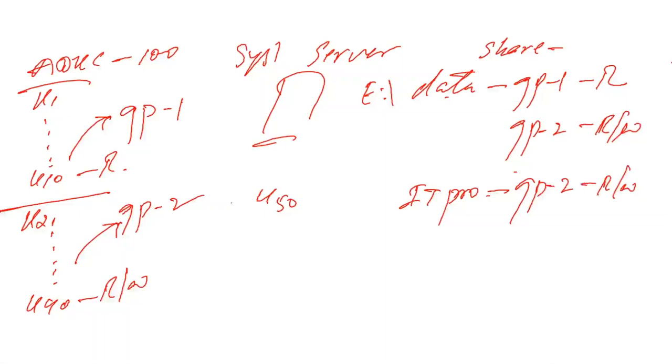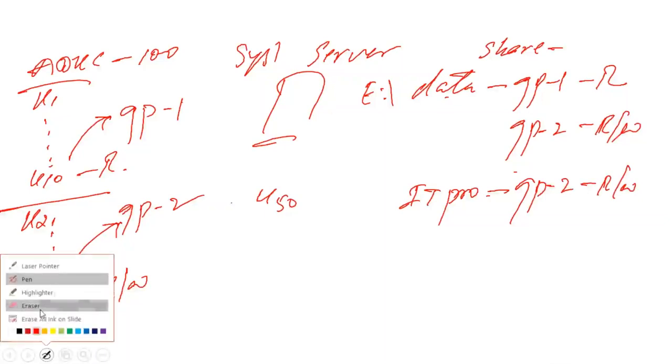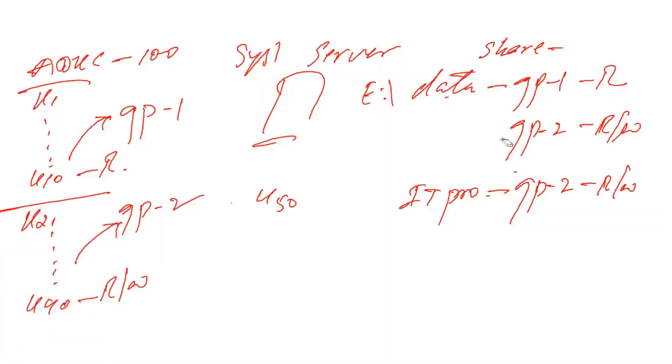So one user can be a member of multiple groups. For example, I am removing this one to avoid confusion. Now tell me, I want to give user 50 the chance to access the data share folder and also the IT project data. So where do we have to add this user?